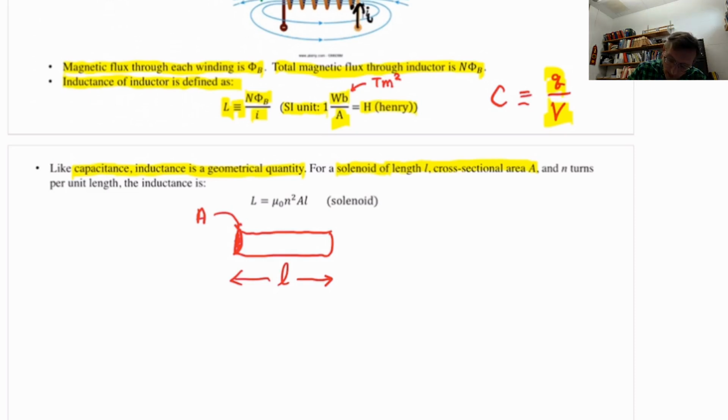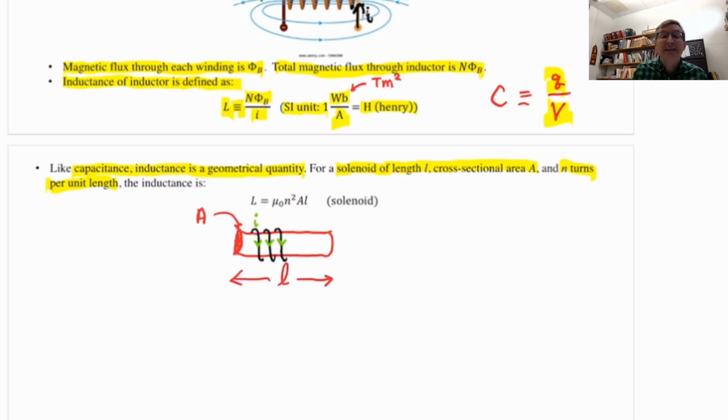I'll draw a few of them like that. They're going to be really closely spaced, and they run the whole length. And through each winding, I send some amount of current I. That's a solenoid. It's got length L, cross-sectional area A. It's also got little n turns per unit length of the wire.